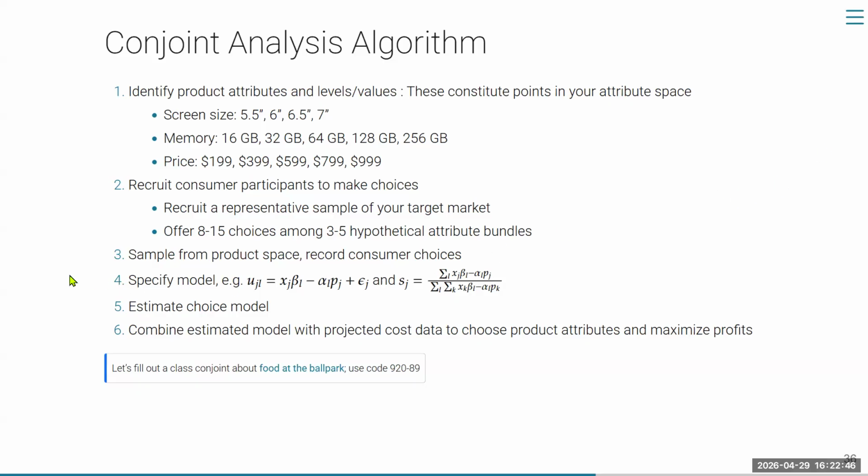Then you use the data to estimate a heterogeneous multinomial logit model. And then you use the estimates along with projected cost data to try to optimize your product attribute locations and your predicted profits.